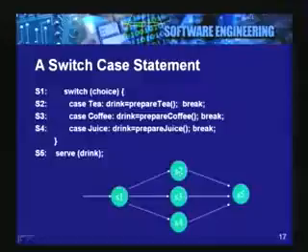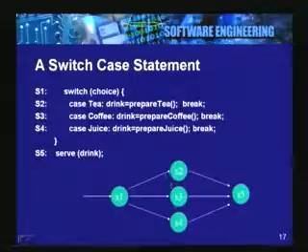So, you have these 3 different cases, and this is your branching. S1 is the branching statement, or the branching predicate from where you find out what the choice is and then branch to appropriate nodes, and then you join at S5. So, S5 is your serve drink, or it's actually the termination of the switch statement, and I have combined the serve drink with that because it's in sequential composition.